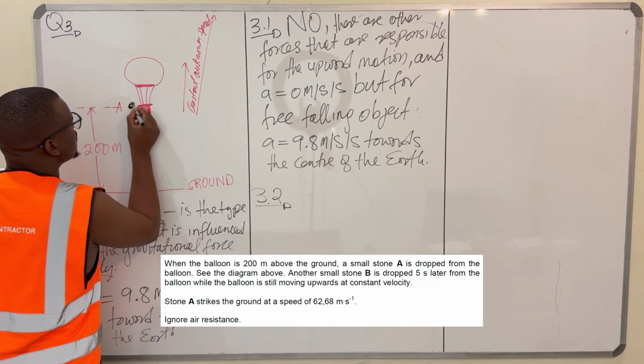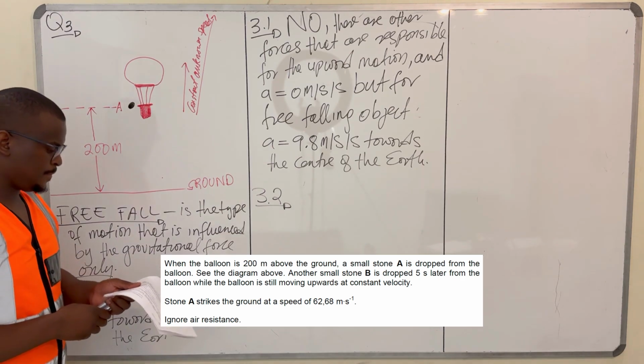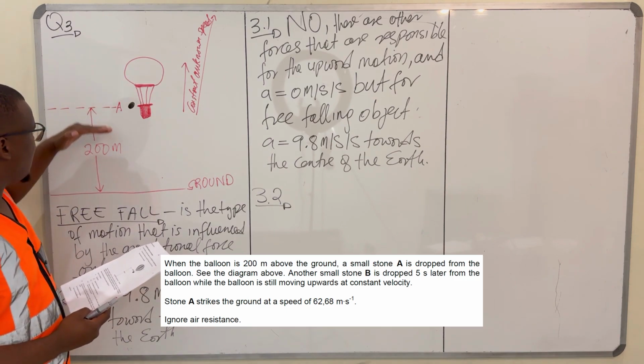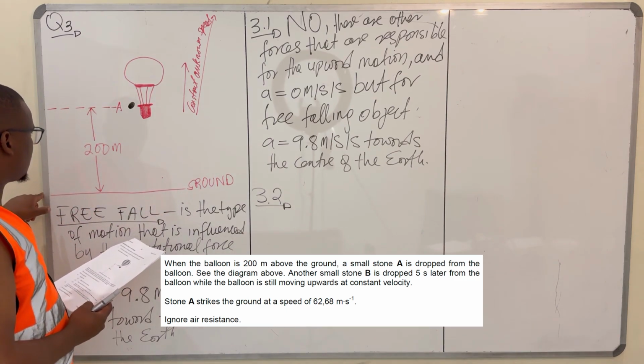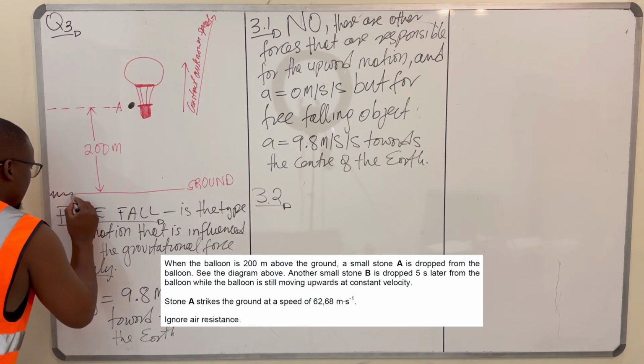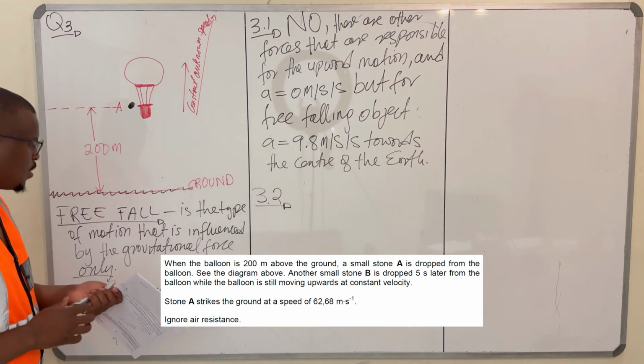So here is our stone, and our stone is black here. So they are saying when this hot air balloon is 200 meters above the ground, this is the ground, right? I can even make it rough so that it can be visible. So here's our ground.